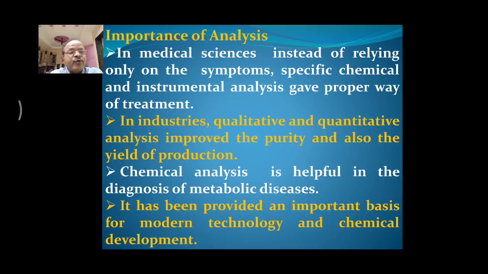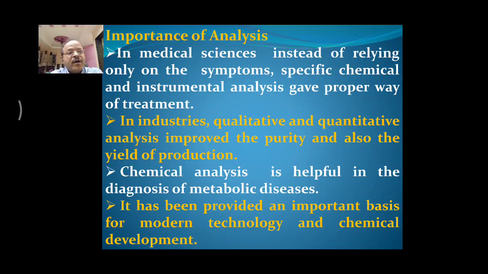Analytical chemistry has provided an important basis for modern technology and chemical development. In the earlier point we discussed, suppose one organic compound is prepared by an old method in which we are getting 60% yield.